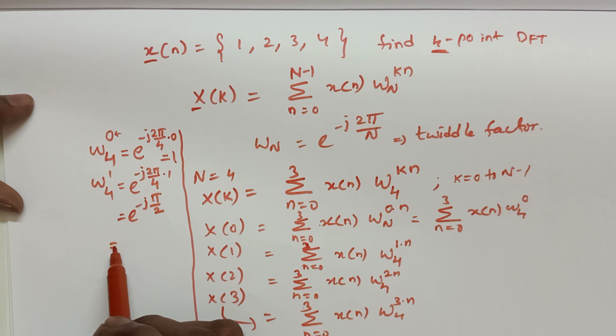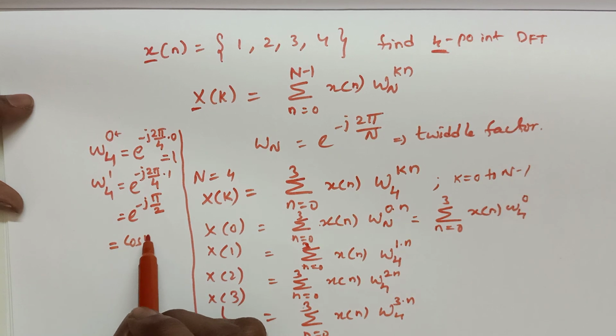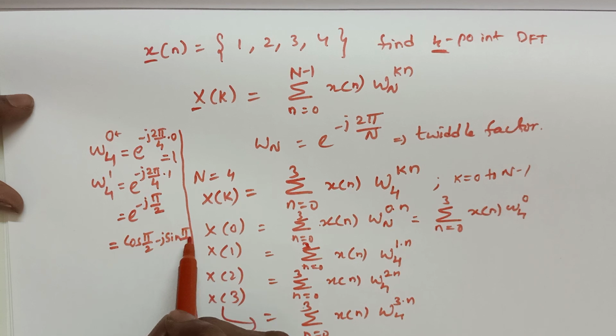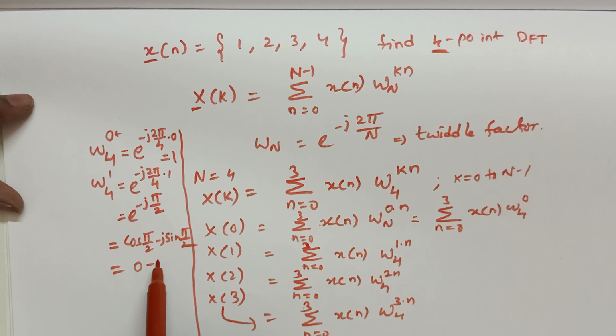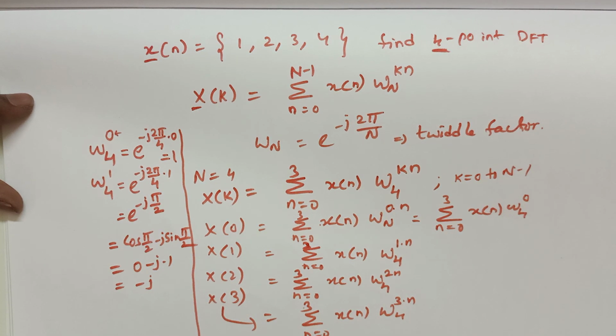E power minus j pi by 2 means cos pi by 2 minus j sin pi by 2. Cos pi by 2 is 0 and sin pi by 2 is 1, so this is minus j. If we calculate half the number of twiddle factors, the remaining can be easily calculated. How?